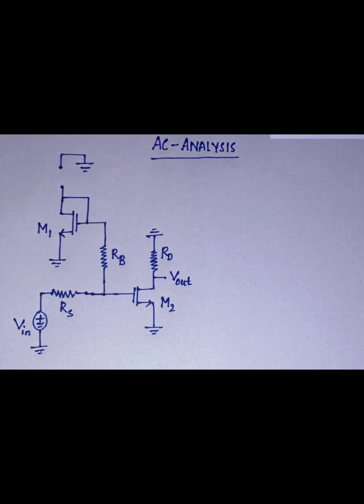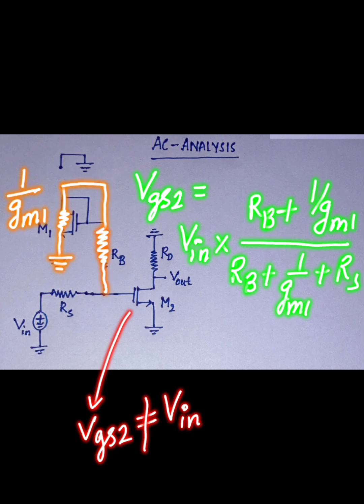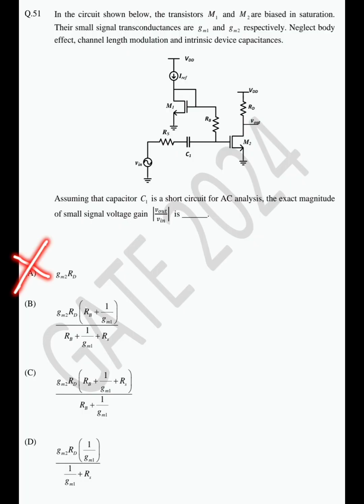We open the I reference, which is the current source, and if you look at the equivalent circuit, since C1 is shorted, there is a voltage division. So the small signal voltage Vin is not fully appearing across the gate to source voltage of M2. So option A is not possible, and we have to look at the other options.